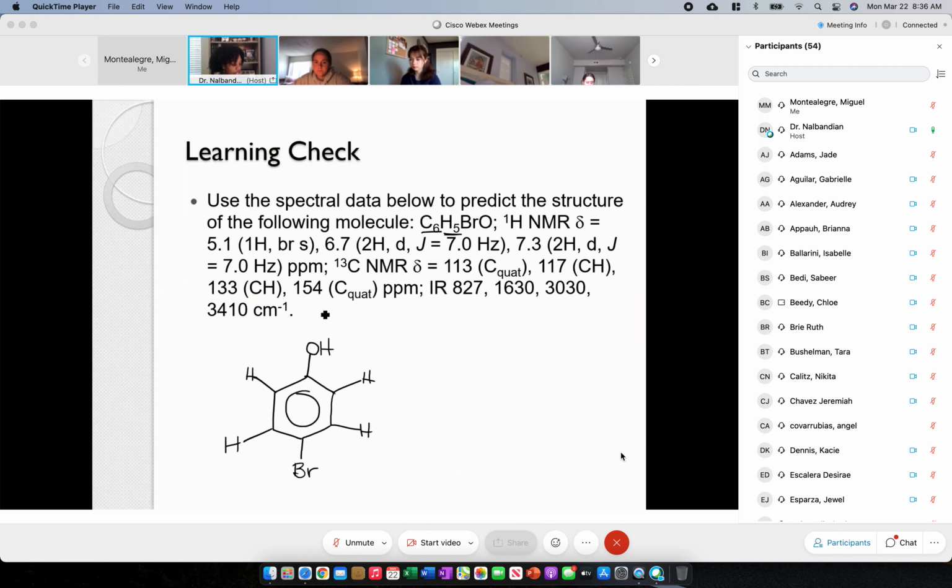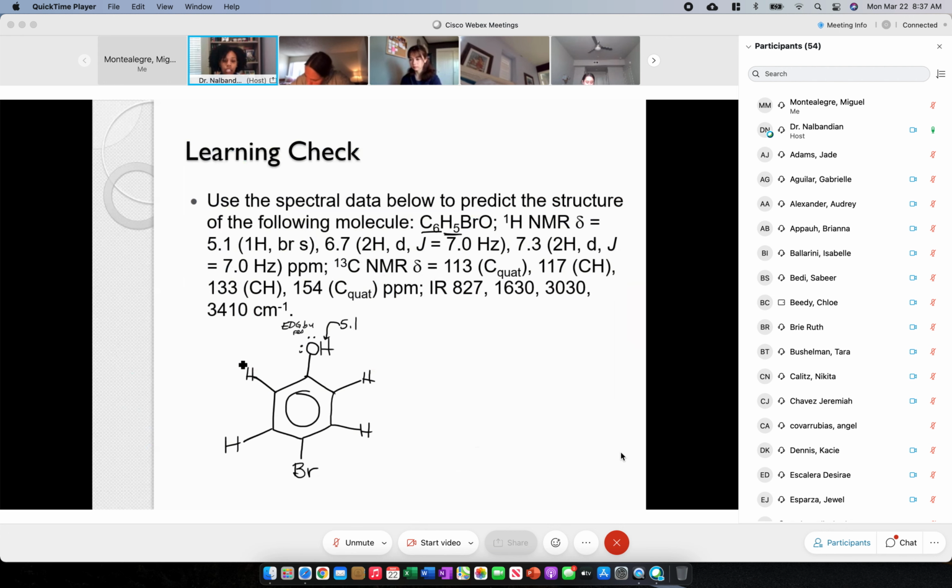So our hydrogen of the OH, we know that that's 5.1. And then we have 6.7 and 7.3. Now, remember that this oxygen can be an electron donating group by resonance. So anything close to it is going to be more upfield. Electron density is being donated by the oxygen.